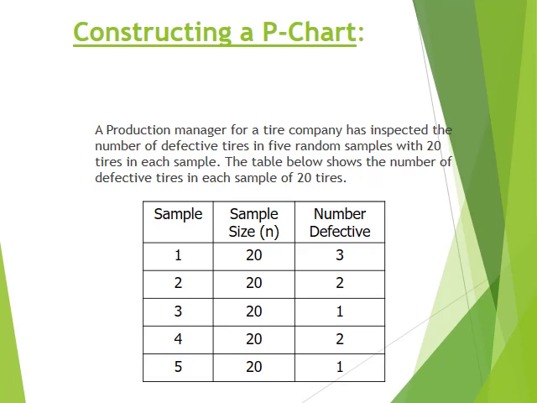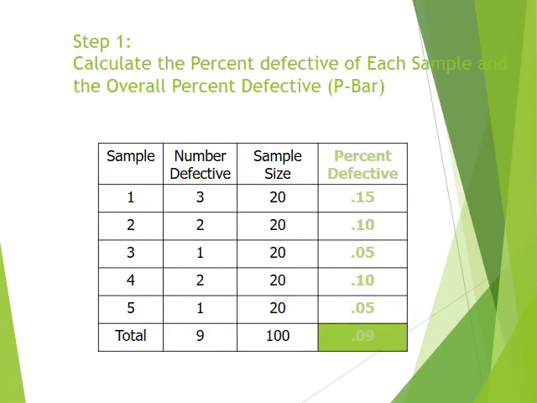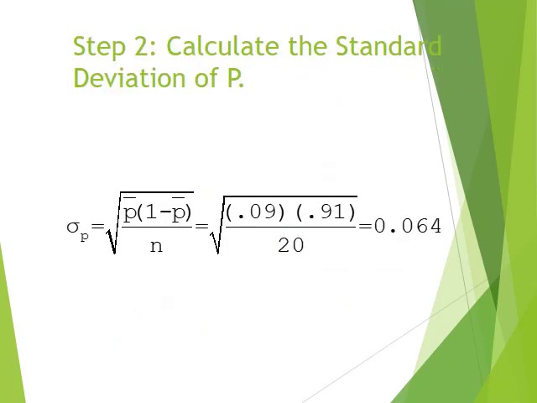Okay, constructing a P chart. As you can see in the description or the question, you can see the sample size and the number of defectives as shown below. Step 1. Calculate the percent defective of each sample and the overall percent defective, P bar. As you can see in the table. Next, step 2.